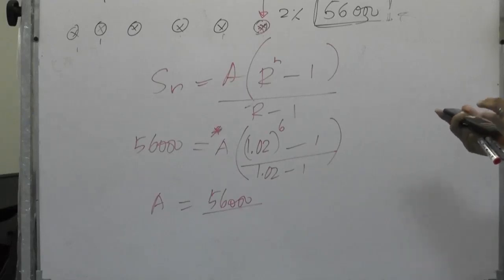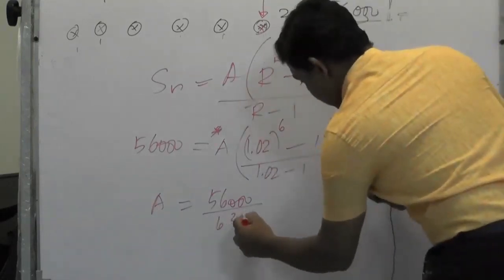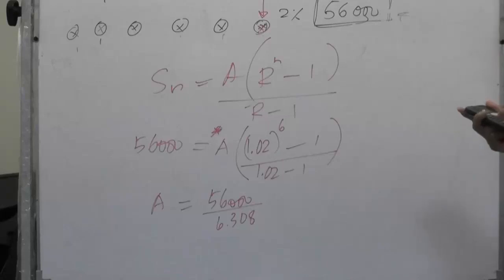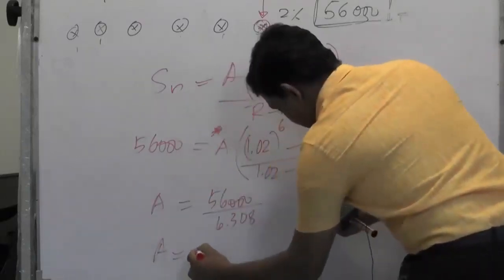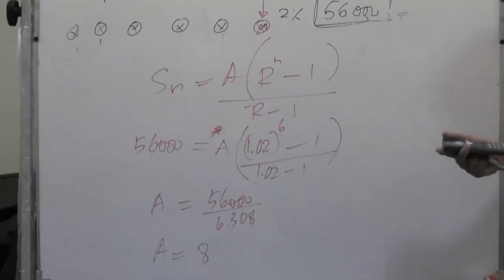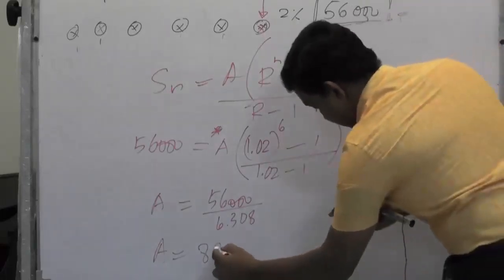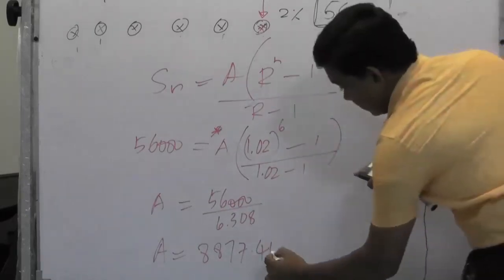1.02 power 6 minus 1 divided by 0.02, that's 6.308. 56,000 divided by 6.308. A equals 8,877.45.